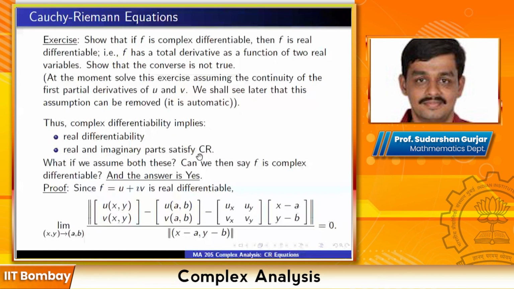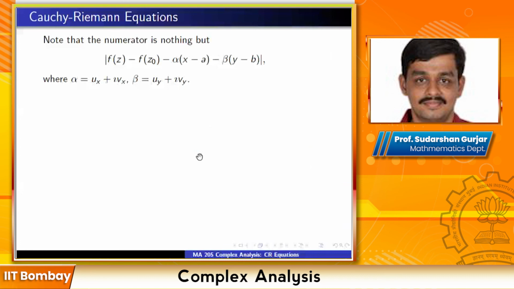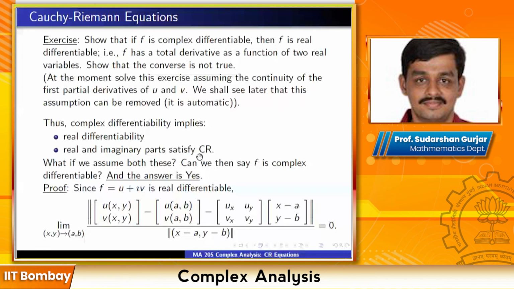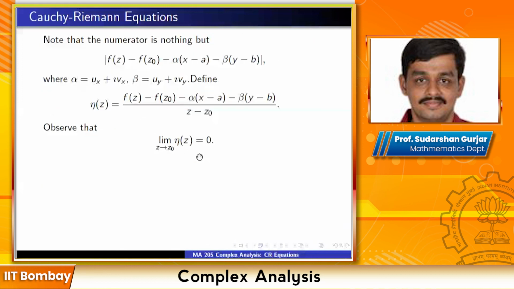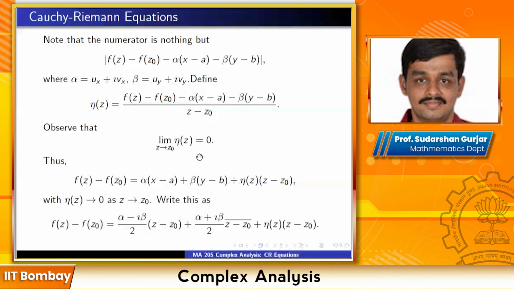See this last line: the left hand side of the last line is exactly the norm of eta z. And if the limit of the norm of something is 0, then that thing itself is going to 0. So that is why this is equal to 0. In other words, that is from the hypothesis that f is real differentiable. Okay, sir. Thank you.